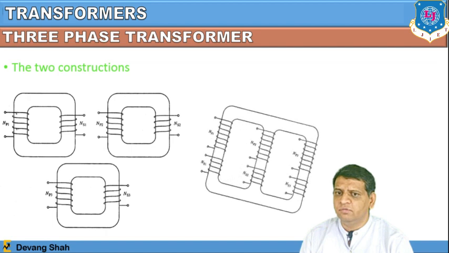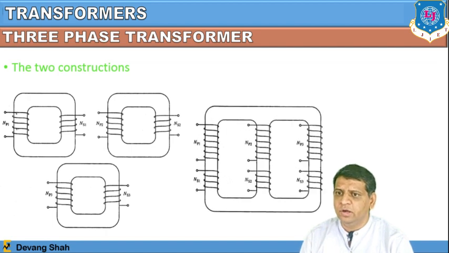In the other way, which is the simplest, there is only one core instead of three cores, with three limbs, and on each limb there is a primary and secondary winding. So this is a much cheaper and easier way of constructing the three-phase transformer.